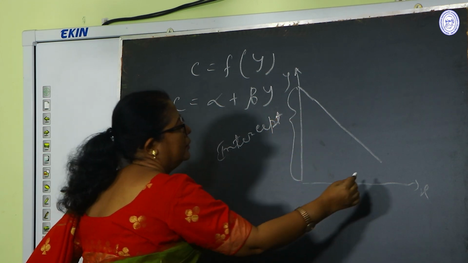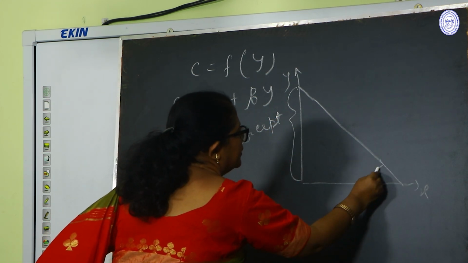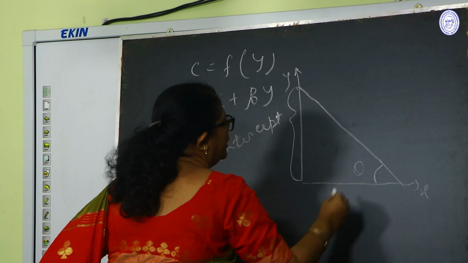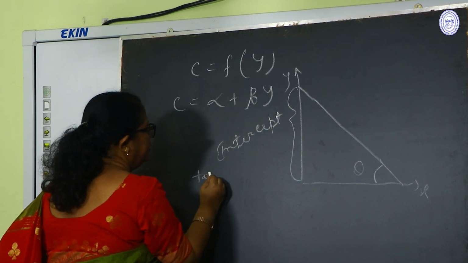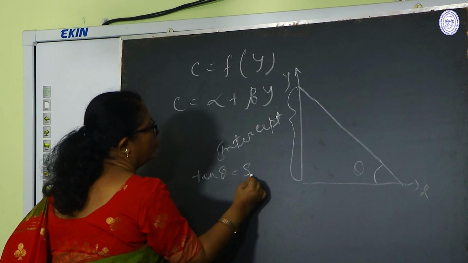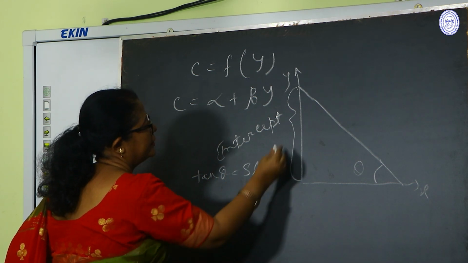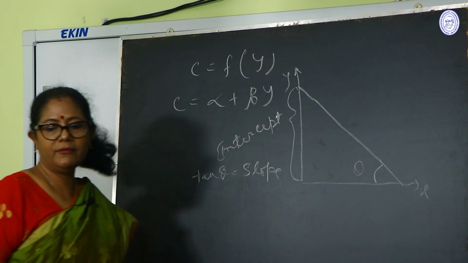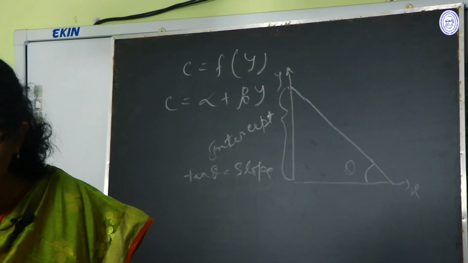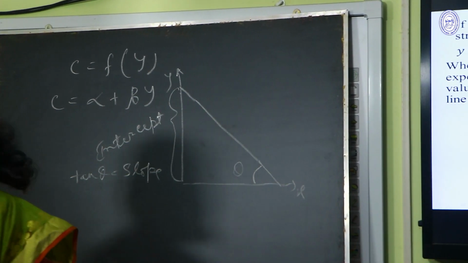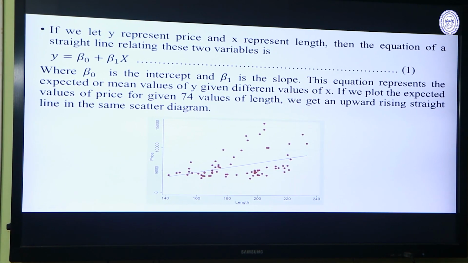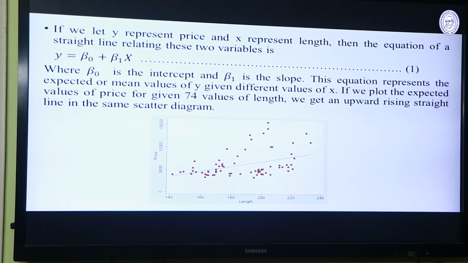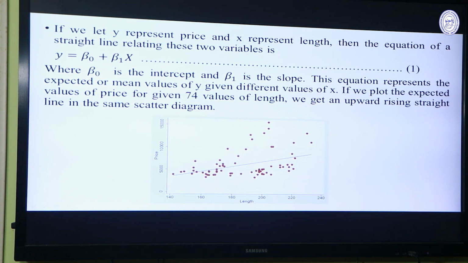And if the line is standing at an angle theta with the horizontal axis, then tan theta will be the slope, or it is the perpendicular by base. Everybody knows that from the trigonometry which we have learned during our class 10 mathematics. So, here we constructed this equation where beta 0 is the intercept and beta 1 is the slope.